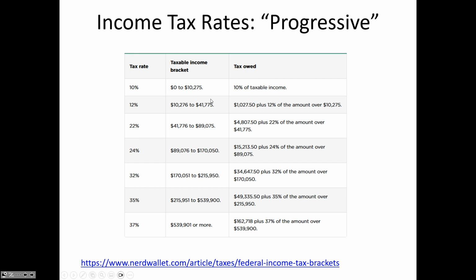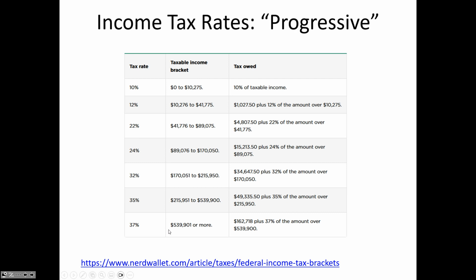So, for example, if you're doing pretty well, maybe you're a doctor making $600,000 per year, then you'd pay 10% on your first block of income, 12% on the next, 22% on the next. These fixed dollar amounts listed in the final right column are basically adding up all of the progressive tax that you have to pay up to that point.